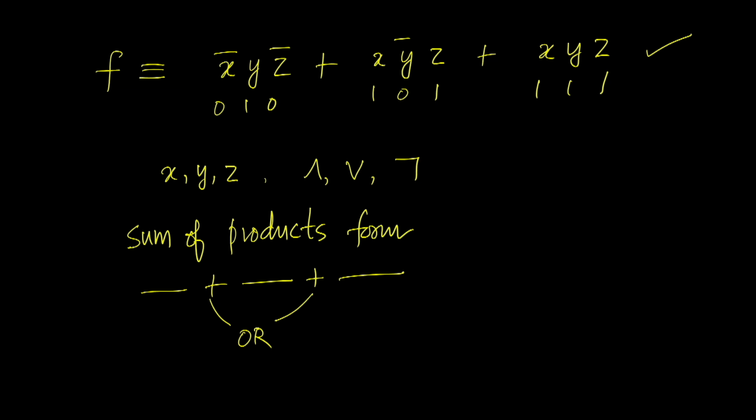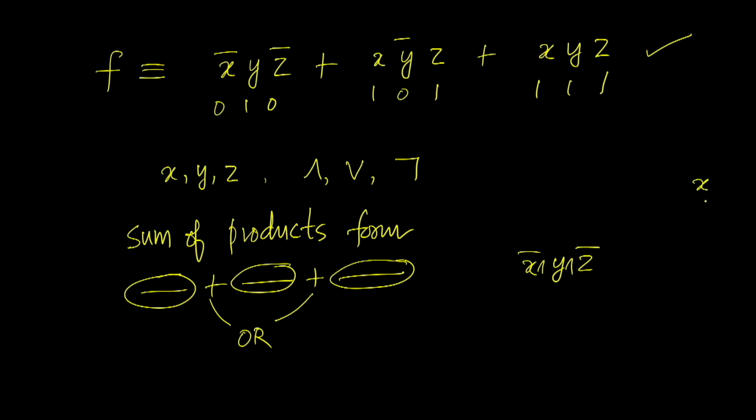That is why we call it a sum, and then each of the terms here is a conjunction. For example, x bar, y, z bar is a conjunction. It's an AND of 3 literals. A literal is either a variable or its complement. So this is a conjunction of several literals. Therefore, this is called the product form.